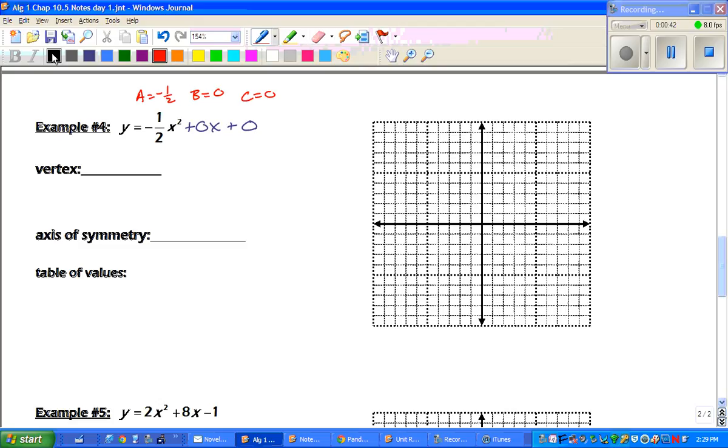When we're doing our equation to find the vertex, which is the opposite of B over 2A, well, the opposite of 0 is just 0. So we get 0 over 2 times negative 1/2, and no matter what you plug in, since 0 is the top, that's what the bottom is going to be.